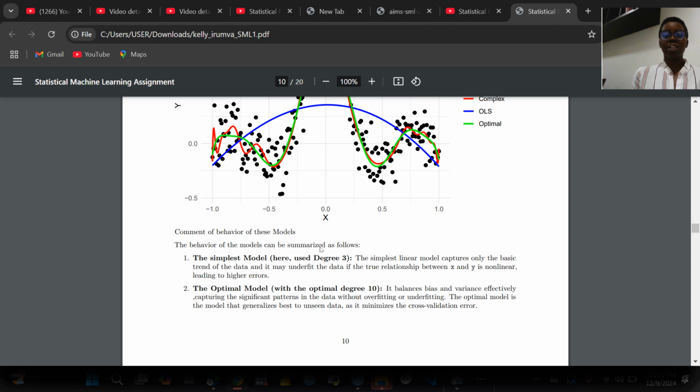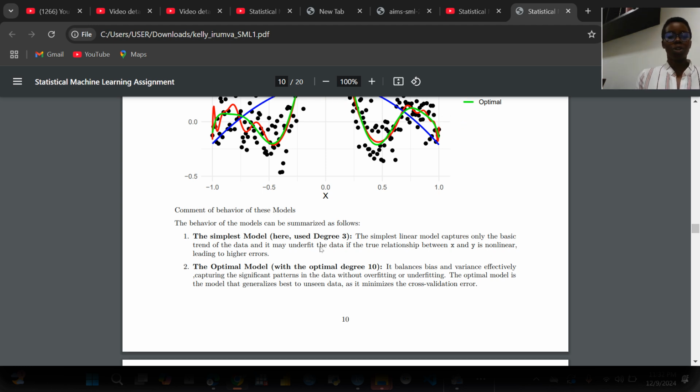In other words, it maximizes the cross validation.